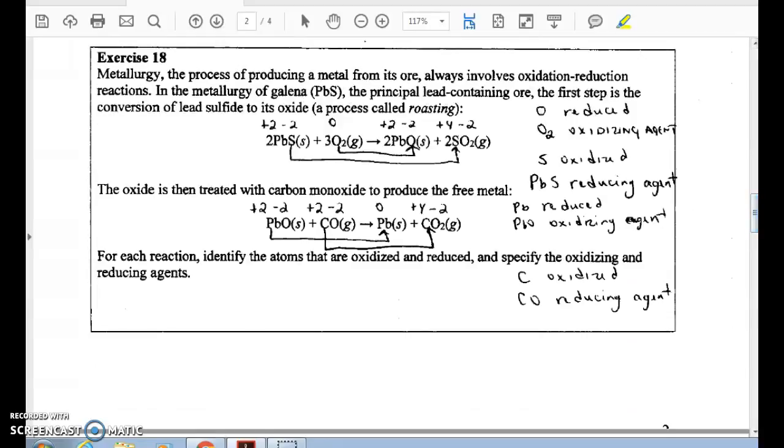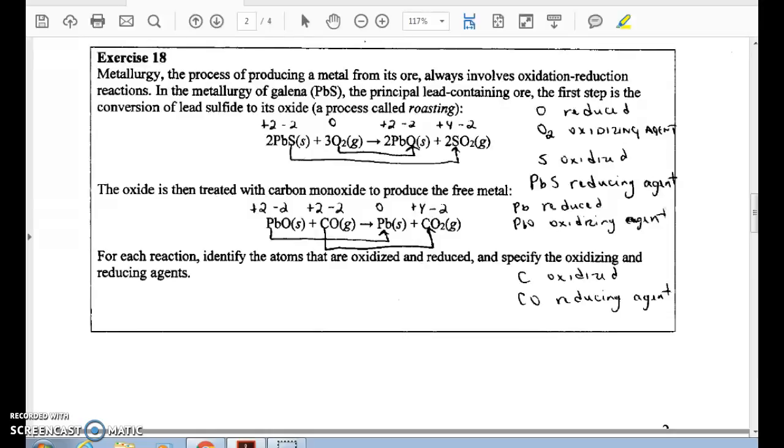Here's another one where it is a little more complicated, because it's not just elemental reactants. But essentially I've just gone through and I've assigned oxidation states for each of the atoms in the reactants and products. Since lead sulfide is an ionic compound, I know that the sulfur from group 16 has a -2 charge, so the lead has to be +2 to balance that out.